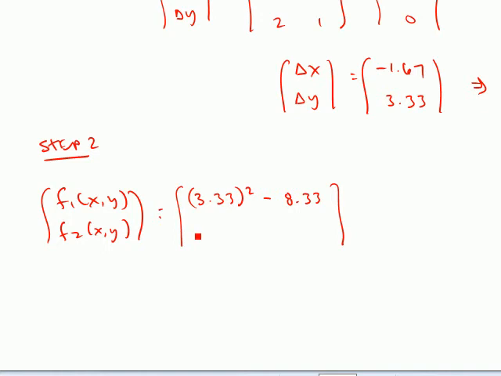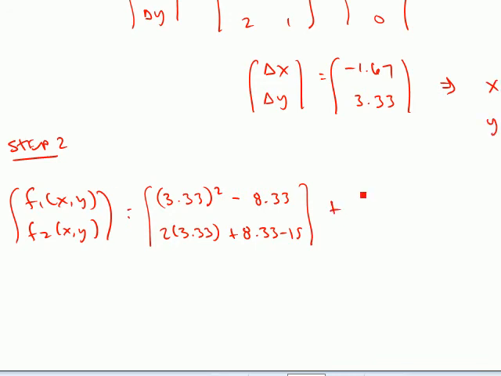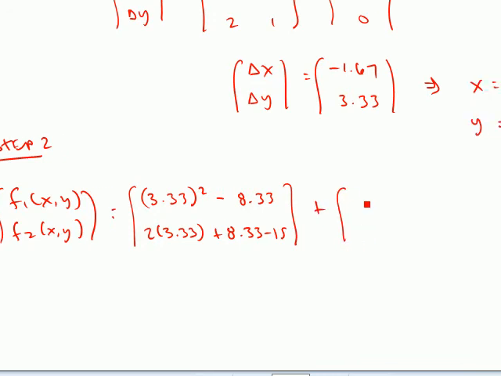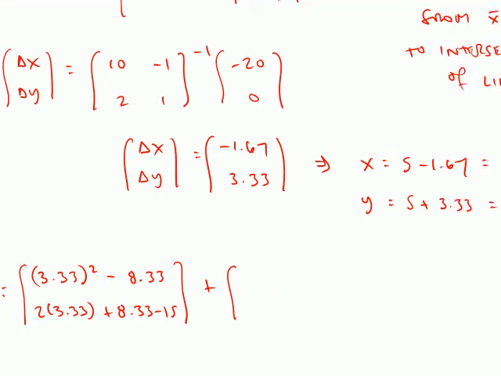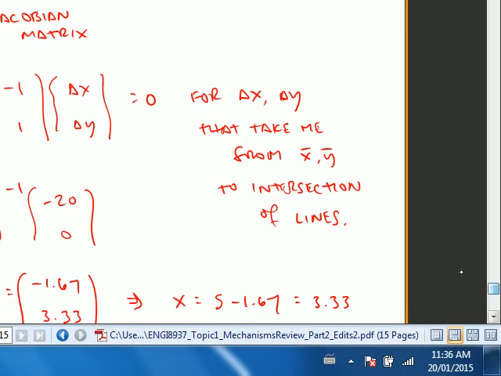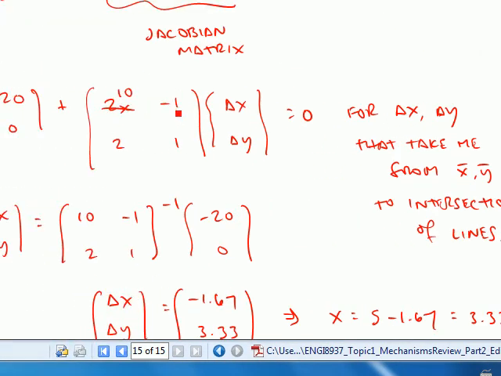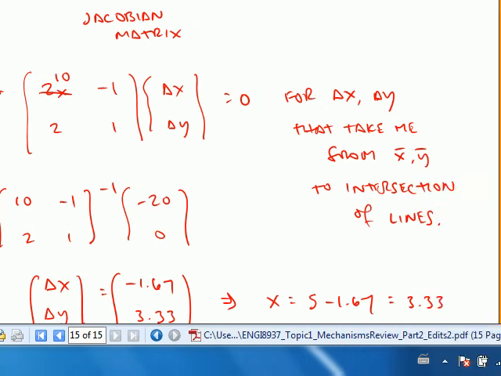The second function was 2 times x plus y minus 15. So that's the residuals. Now, plus the Jacobian matrix of the slopes, which in general is 2x minus 1, 2, and 1.